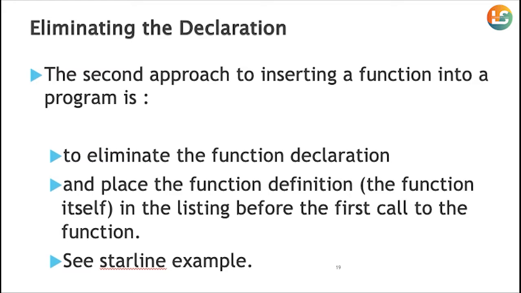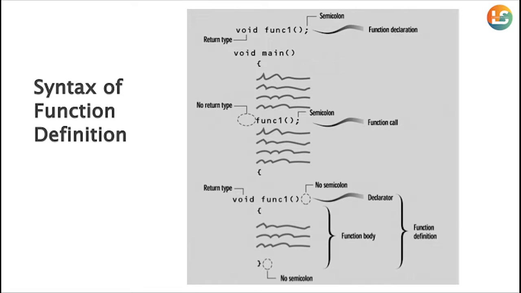Consider the same example: there is a function 1, you declared it, you called it, and later you have its definition somewhere. But if you want to skip this declaration, the only possibility is that you define this function before its calling, meaning before the main function. So first you define this function, then you can call it.